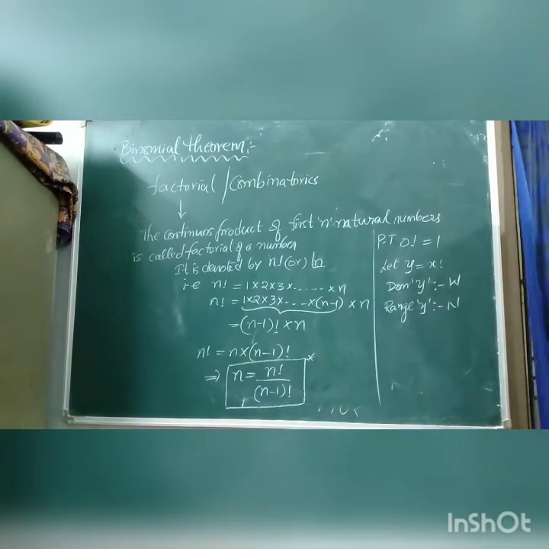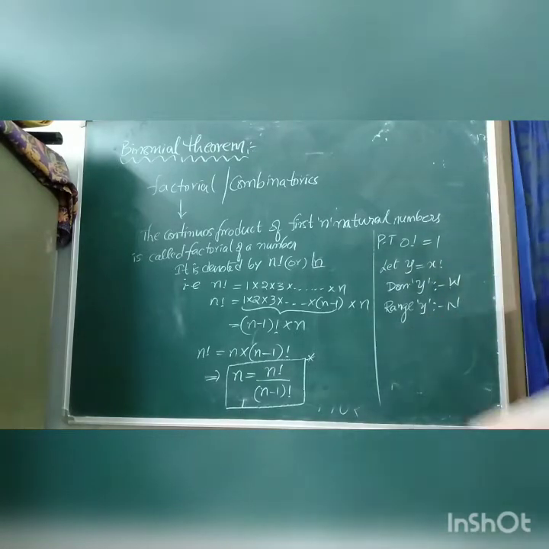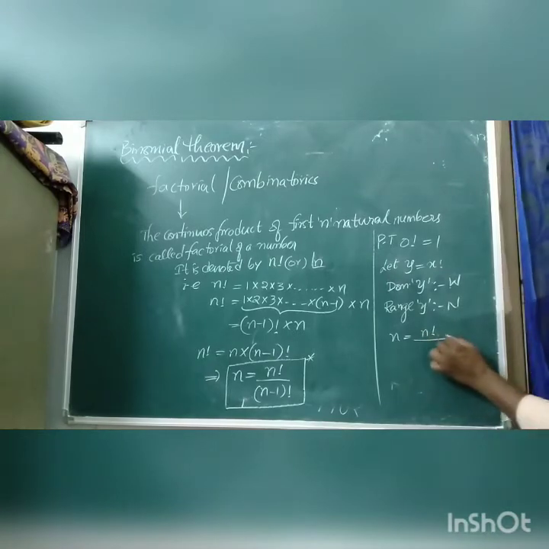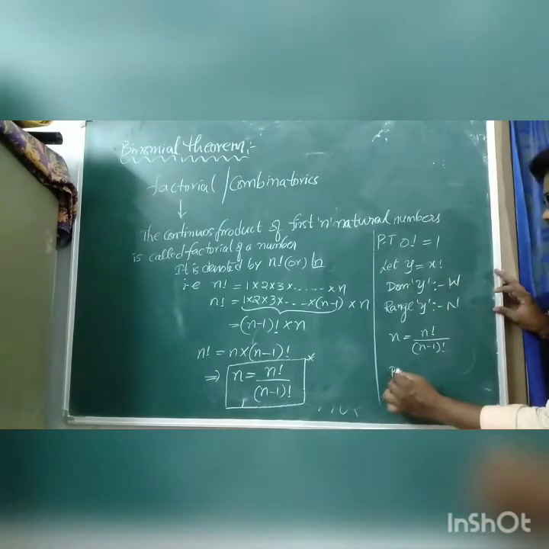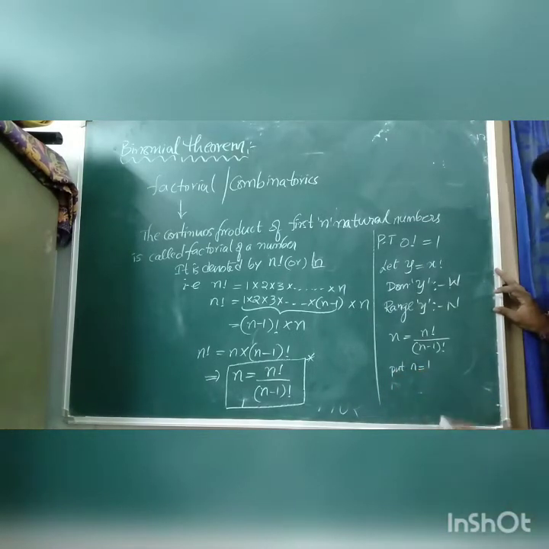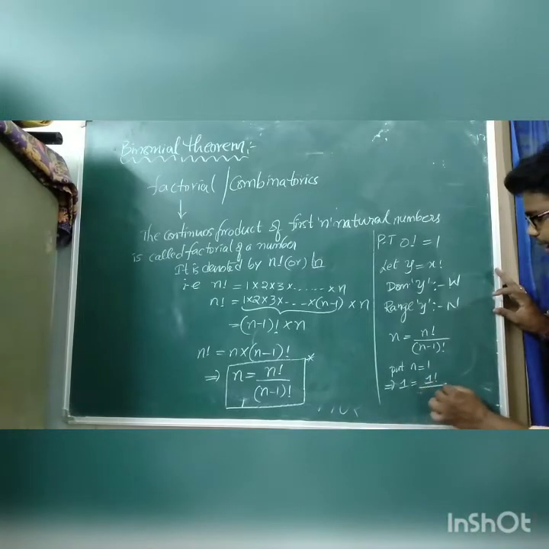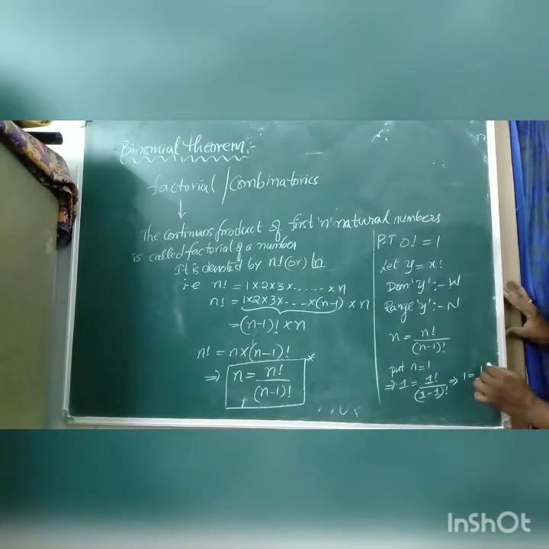A small point of difference, because while proving 0 factorial equals 1, we already got a relation. What is that? We know that n equal to n factorial by (n minus 1) whole factorial. Okay, put n equal to 1. That implies 1 equal to 1 factorial by (1 minus 1) whole factorial. That implies 1 is equal to 1 by 0 factorial. 1 factorial is obviously 1.